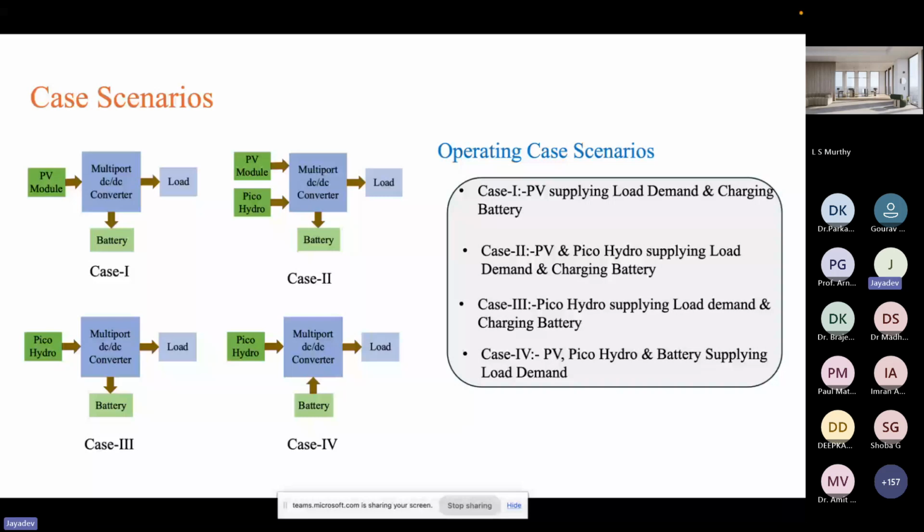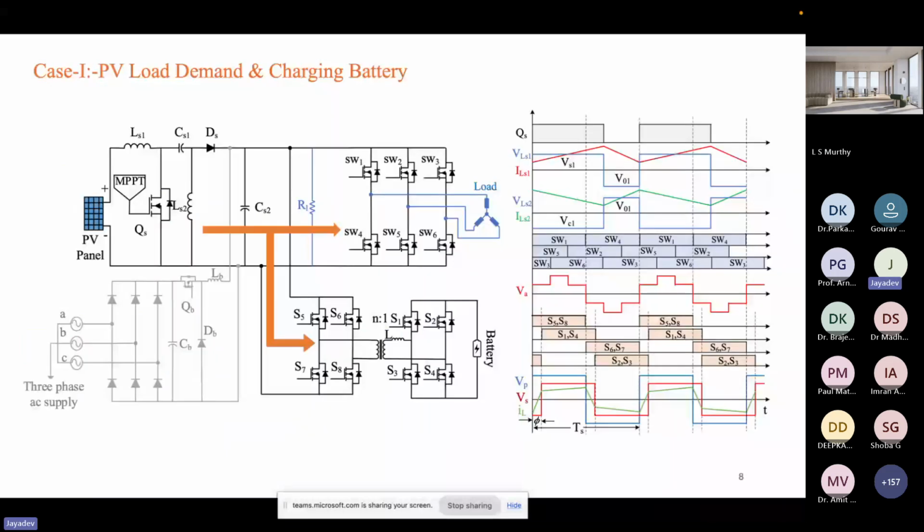Coming to case scenario 1, when PV is available, the PV only supplies the DC link, and from the DC link it will supply the load, both AC and DC load, and also charge the battery. Here we'll see the switching sequence.